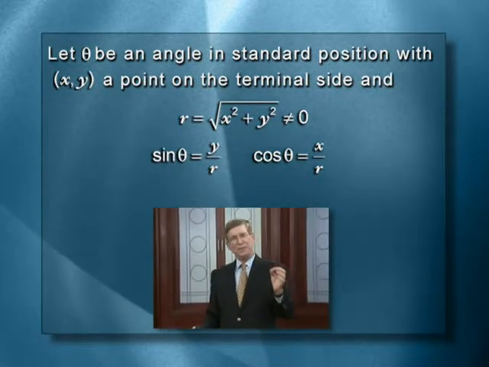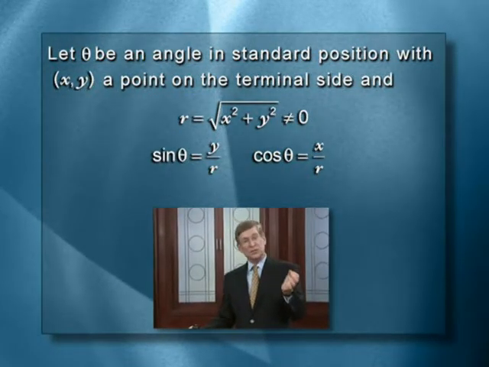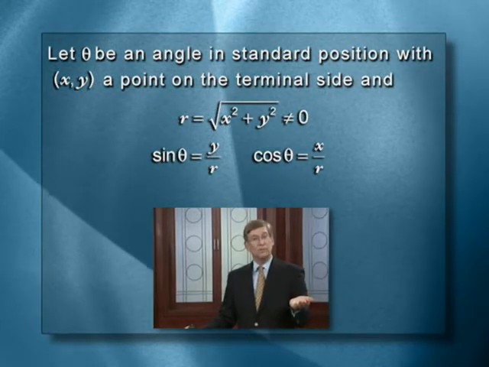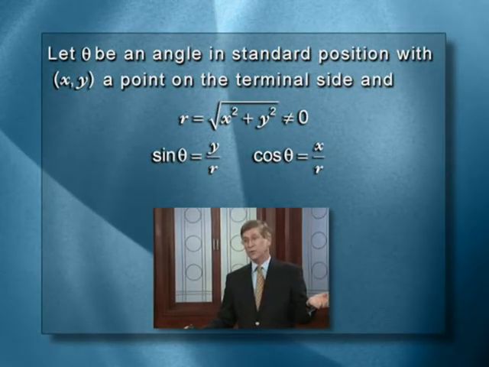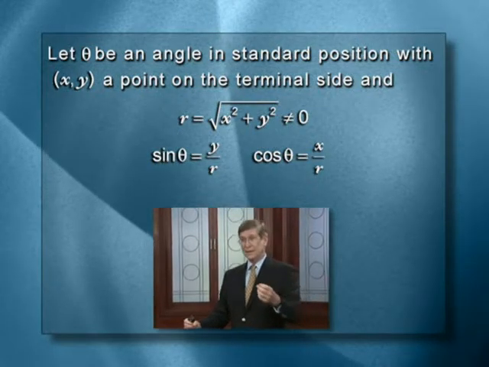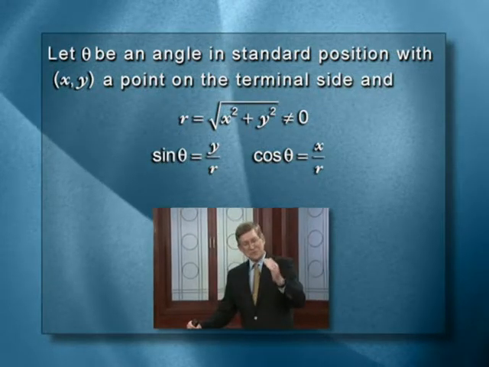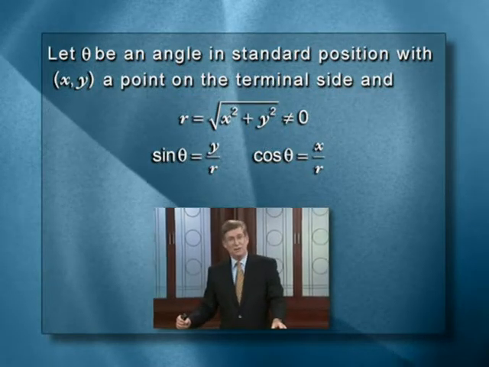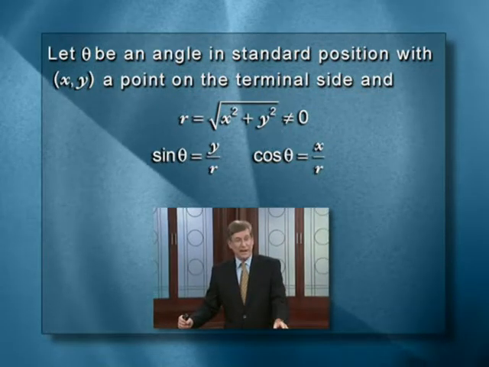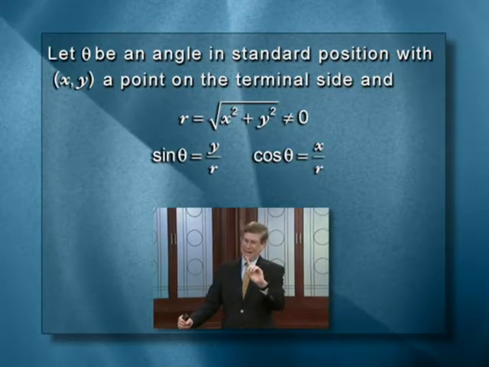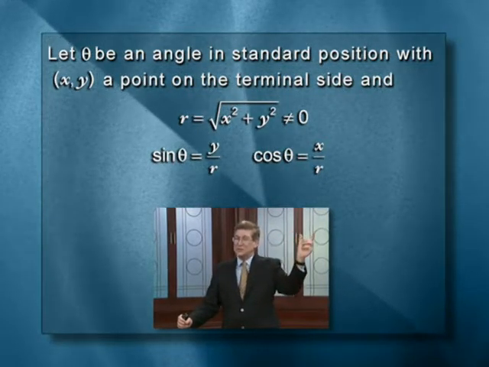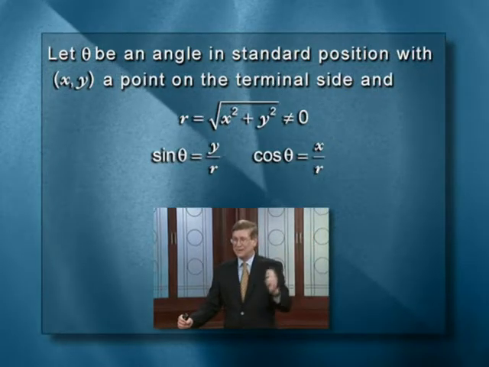Okay, now let's go a little deeper. For every angle theta, you can compute sine of theta and cosine of theta. So these are functions of a real variable. The input is a real number, theta, the angle. But now we're going to change the letters on you. Instead of using theta to represent the angle, we're going to use the variable x. This is not the x of the ordered pair x, y that I just alluded to a few seconds ago.